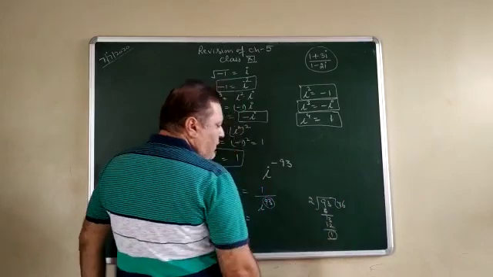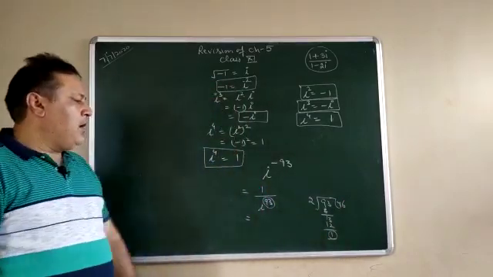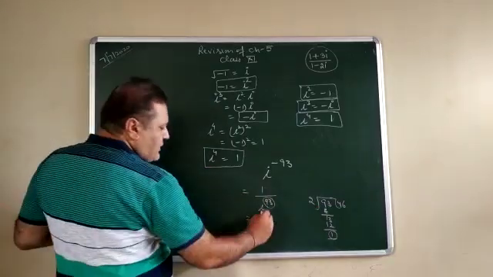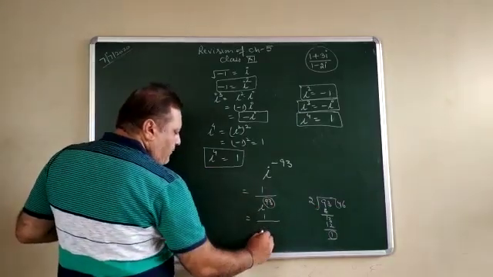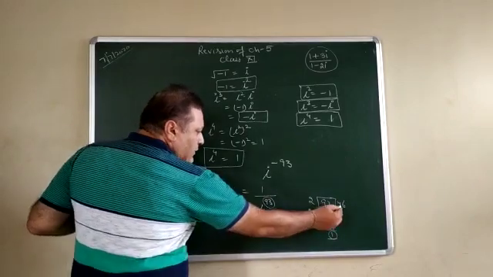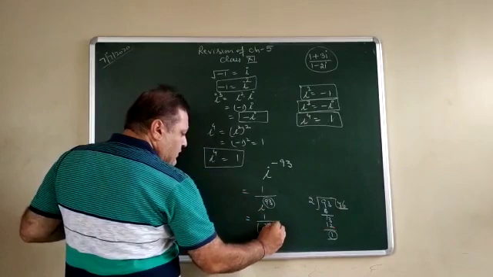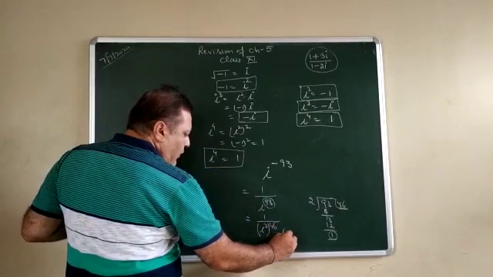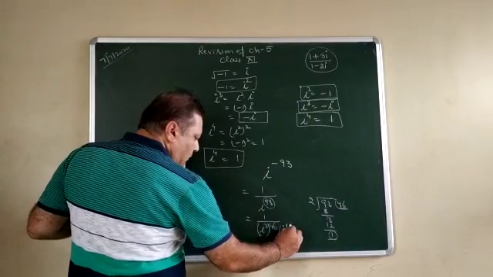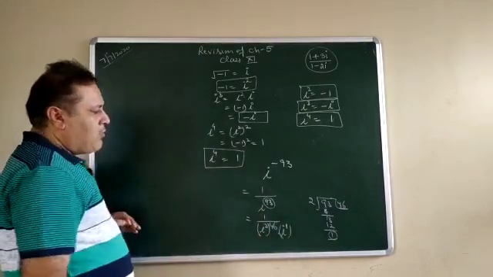So remember, the remainder is 1, 46 is the quotient, and 2 is the divisor. So this can be written as 1 upon iota square whole power its quotient, that is 46, into iota to the power of the remainder, that is 1.